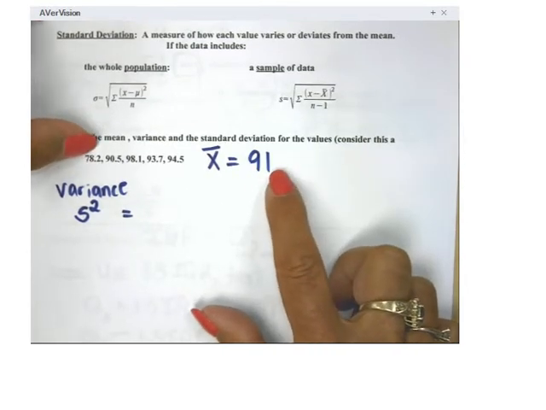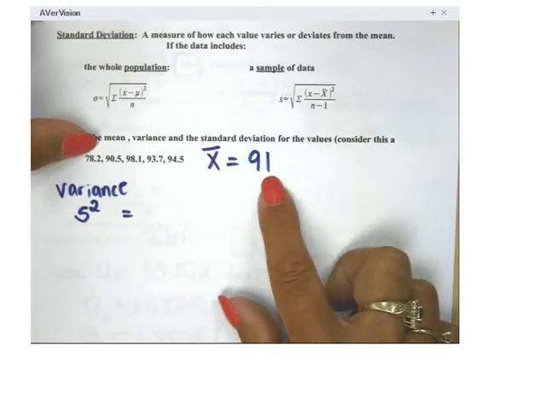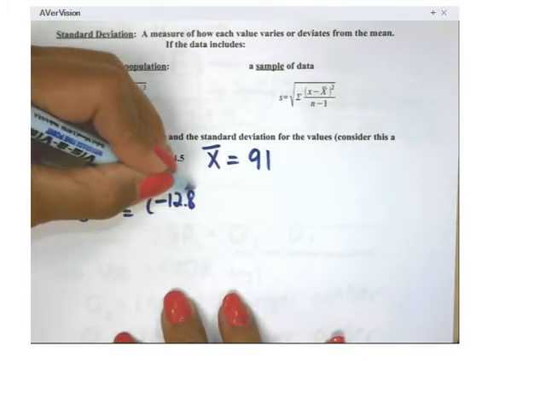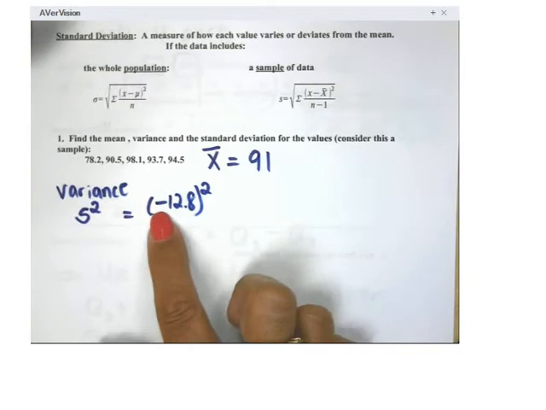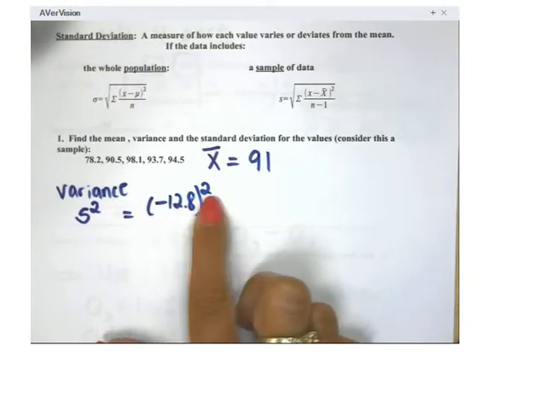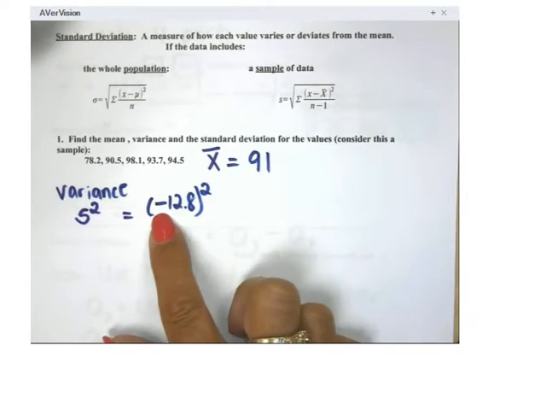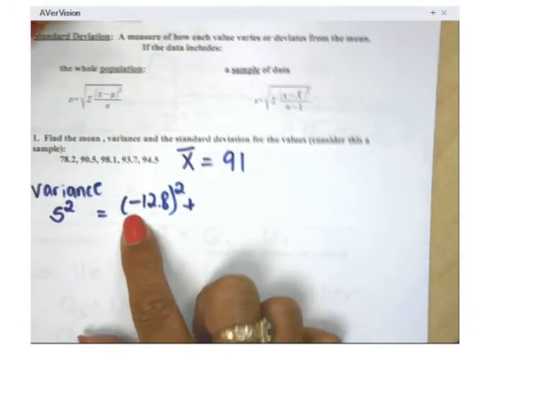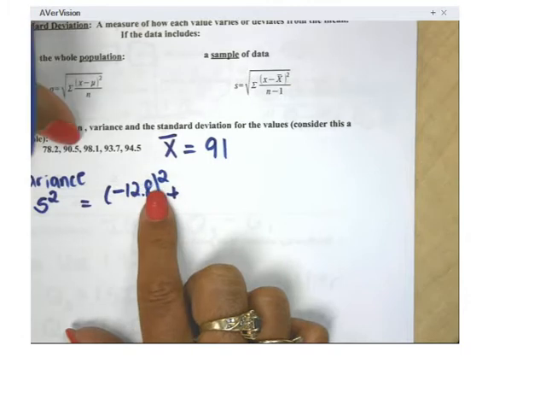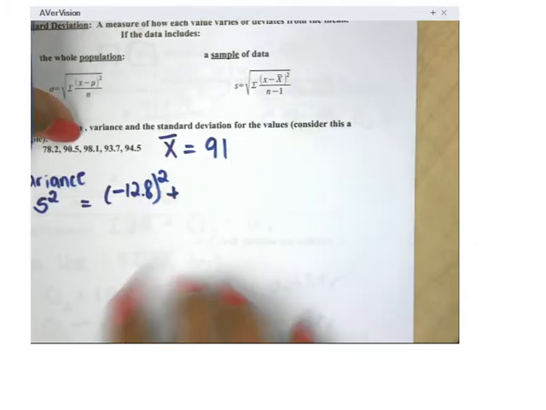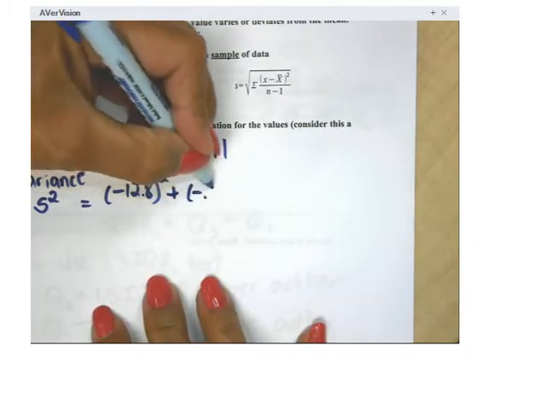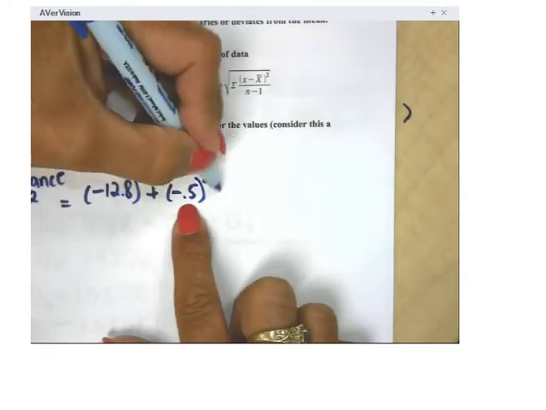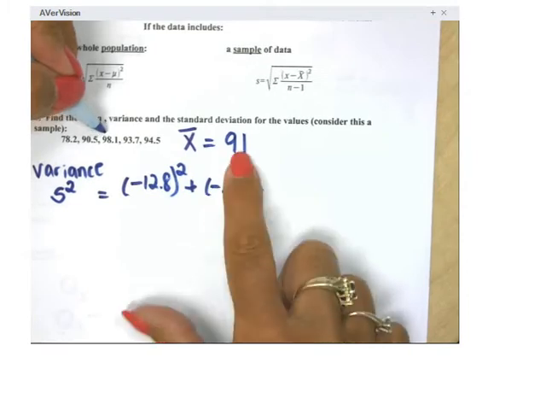So I took each of these numbers and I subtracted 91 from 78.2, and I got negative 12.8, and I need to square it. Now I actually don't need to put the negative down since I'm going to be squaring. I'm going to write them this time. Typically I won't put it down because I know the negative is going to cancel out. I need to take 90.5 minus 91, and that's negative 0.5, which again I don't really need to put the negative down because I'm going to be squaring.